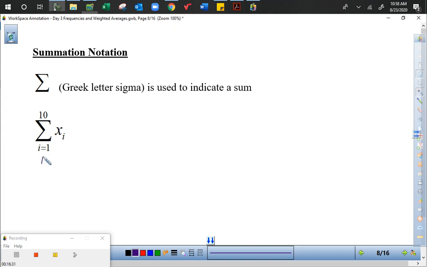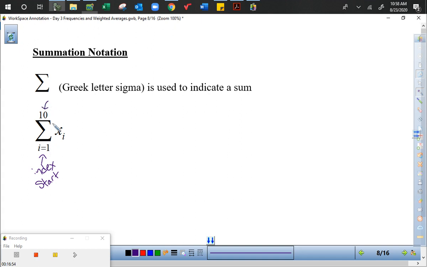So they're always going to have this index i. This letter can change. It could be n, it could be j. Really, they can choose whatever letter they want here. Okay, but this is the index. And they're going to say the index starts somewhere. And so the bottom is the starting point. It's saying that I'm going to start at the first term in my set.